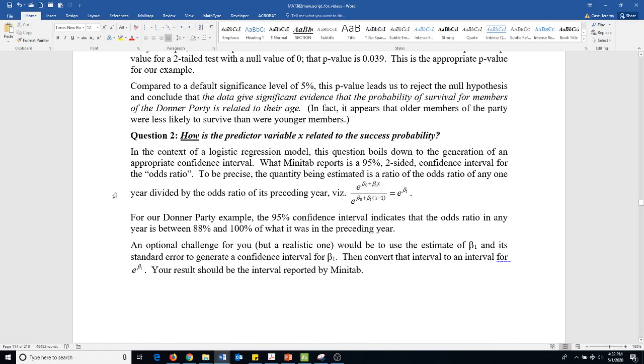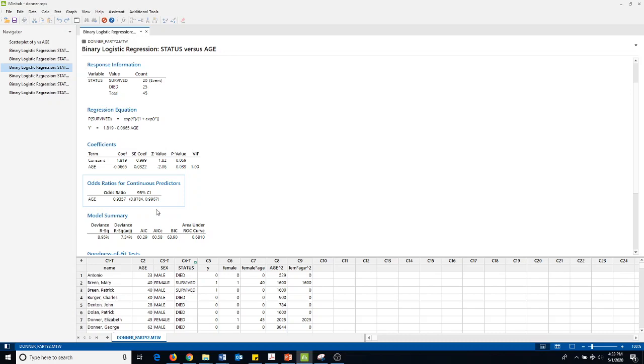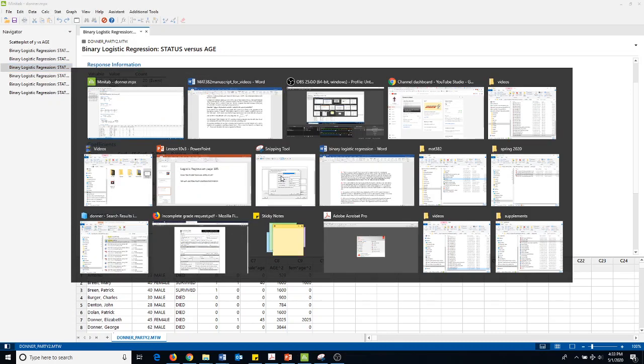So how is the predictor variable related to the success probability? In the context of the logistic regression model, you need to generate an appropriate confidence interval. What Minitab reports is a 95% two-sided confidence interval for the odds ratio. So here's the odds ratio, and this is the 95% confidence interval.